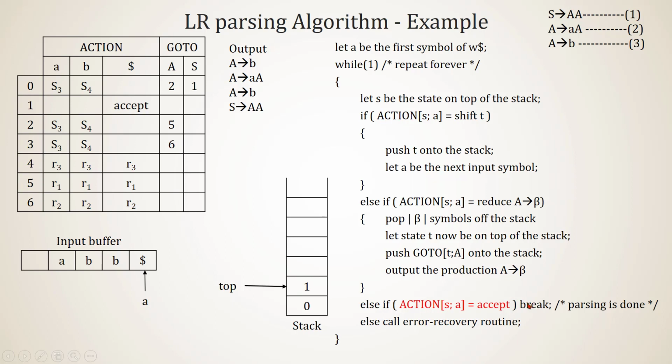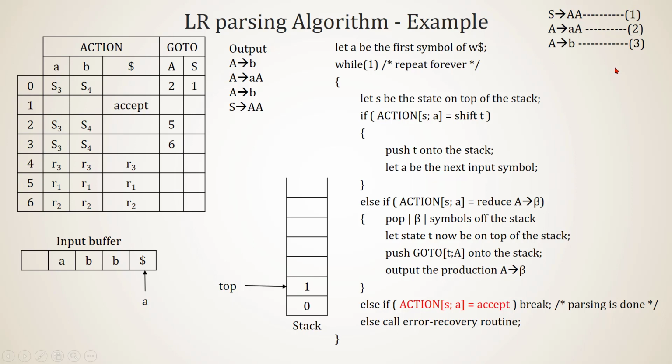So break. Here the break is written. So it will come out of that infinite loop. So the meaning is the string ABB is accepted. So ABB is an element of the language which has this grammar.